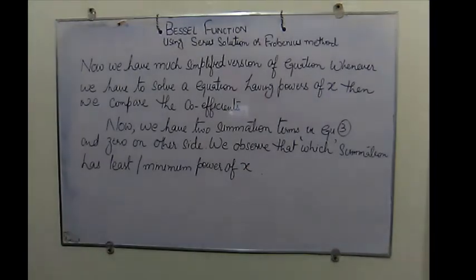Now we have two summation terms in equation 3, and 0 on the other side. So at that stage we have to observe which summation has the least or the minimum power of x.